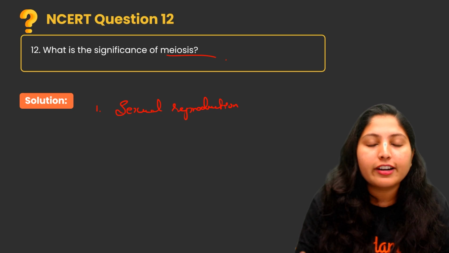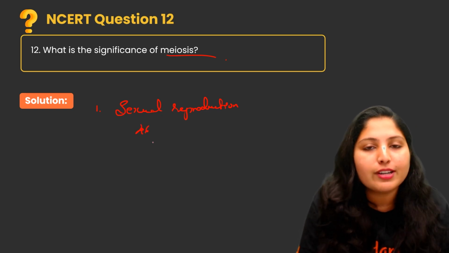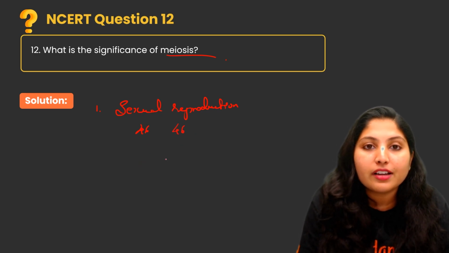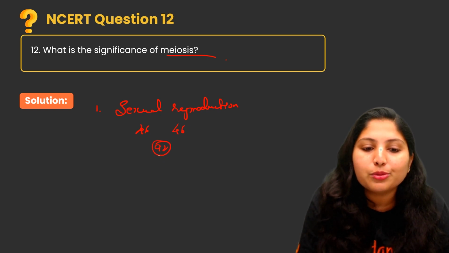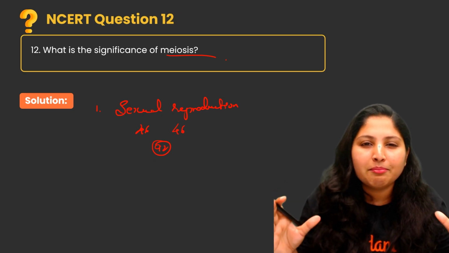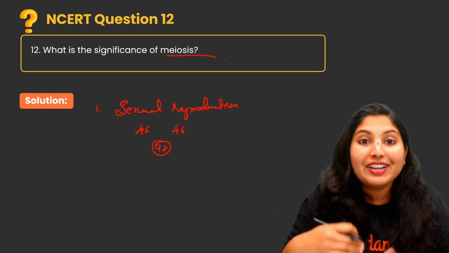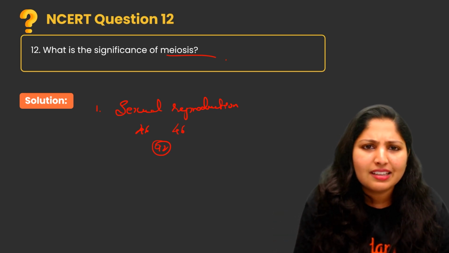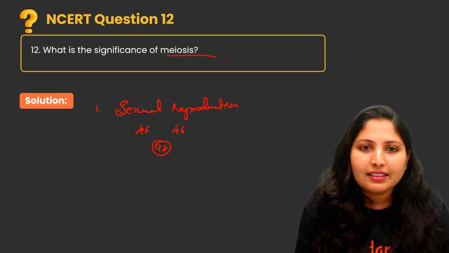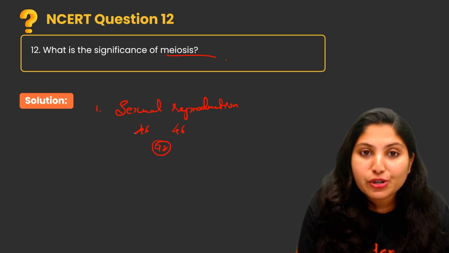The egg would contain 46 chromosomes and the sperm also 46, so at the end of sexual reproduction the organism would contain 92 chromosomes. Human means a certain exact number of chromosomes, that is 46. If it becomes 92, that is never going to happen, right? So meiosis helps in sexual reproduction.